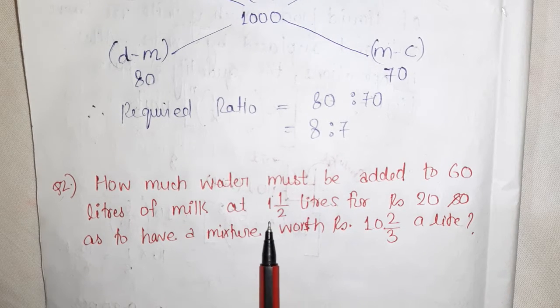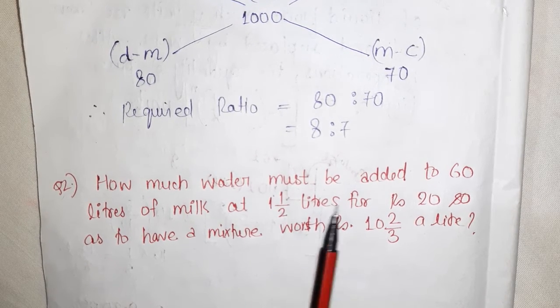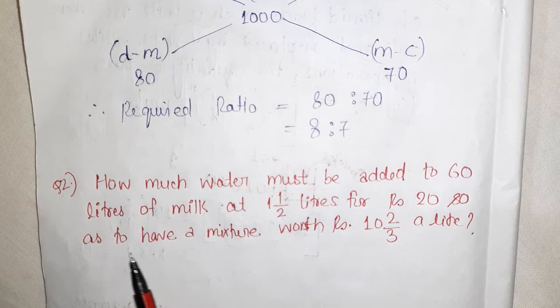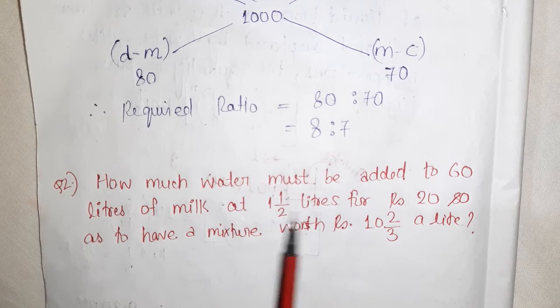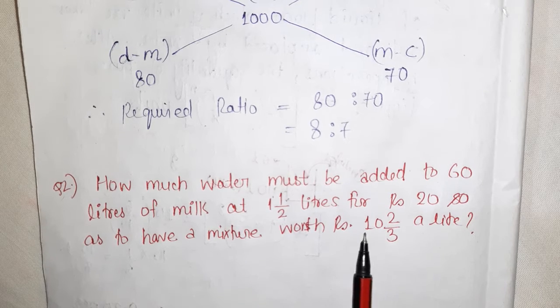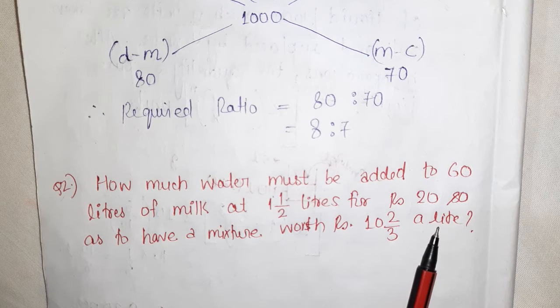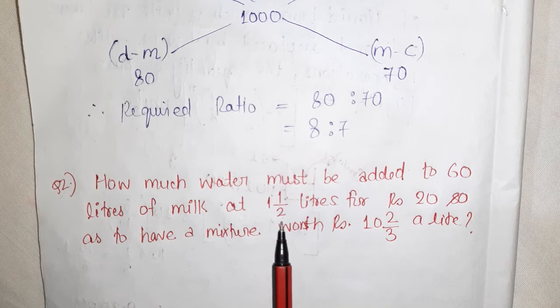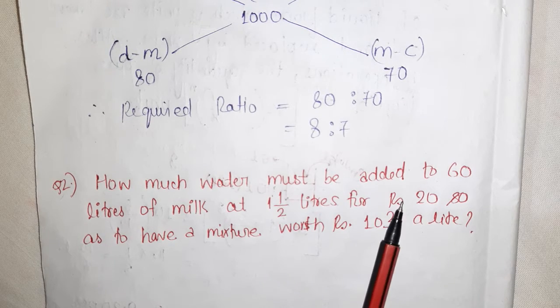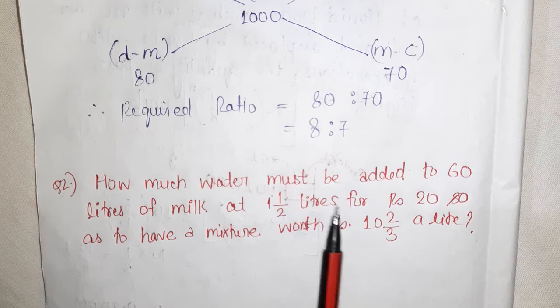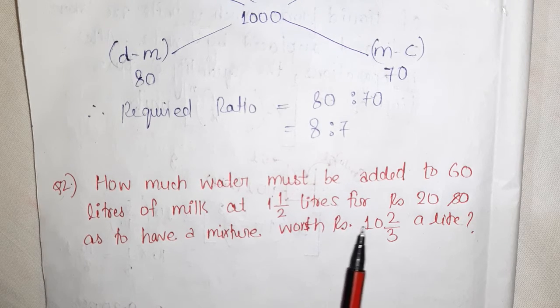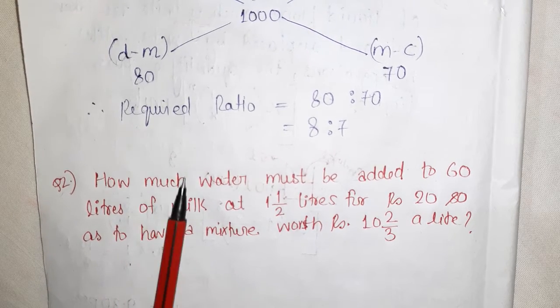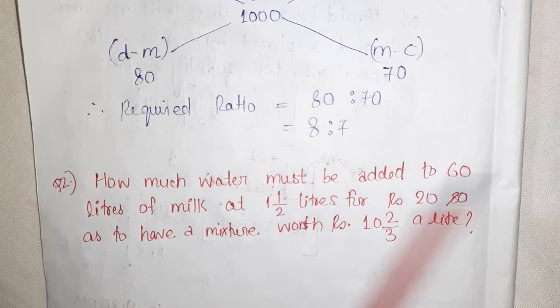Your milk will cost, for 1.5 liters you have to pay rupees 20, and so as to have a mixture worth rupees, the mean price is given. The mean price is rupees 10 2/3 per liter, right? Here you are given for 1.5 liters. If your 1.5 liters cost rupees 20, you can find out for 1 liter, right? But the main motto is to find out the quantity of water.